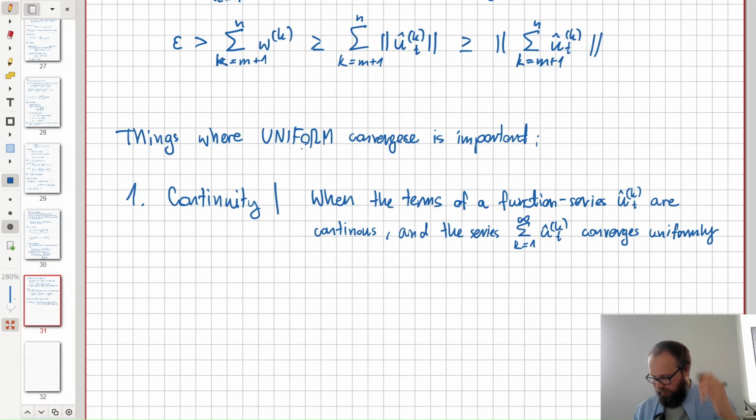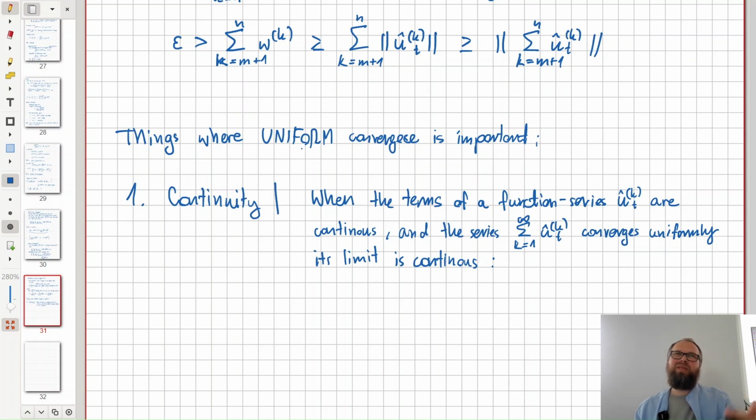Formally, its limit is continuous. So uniform convergence gives us guarantees that the whole sum will be continuous as well.